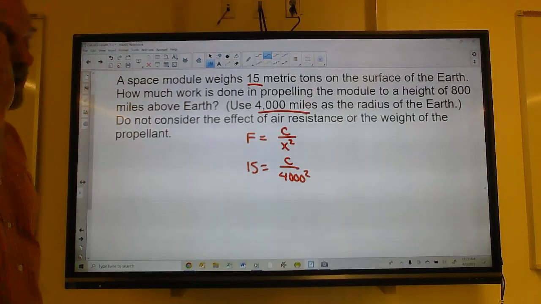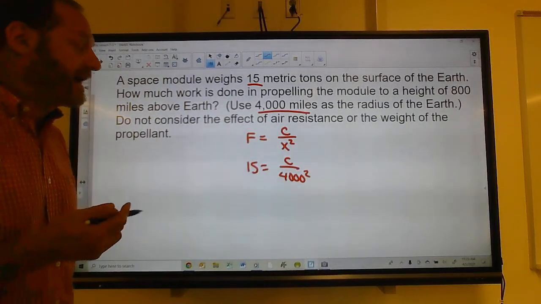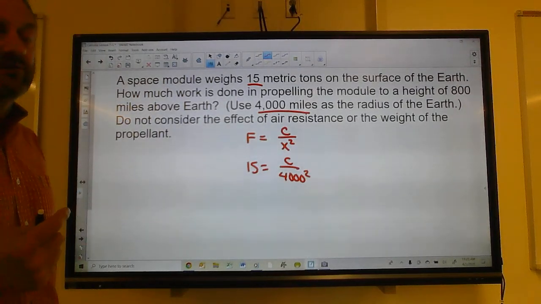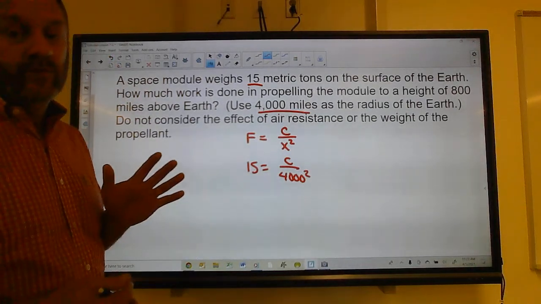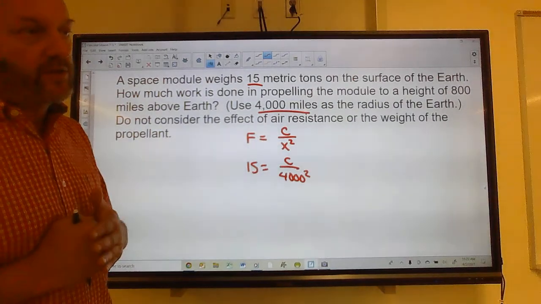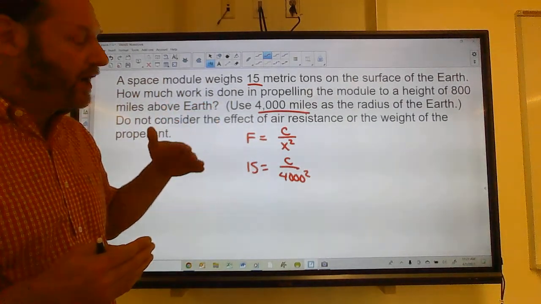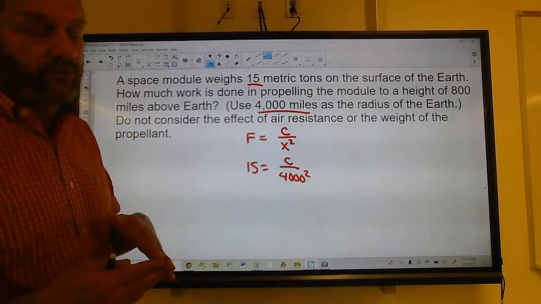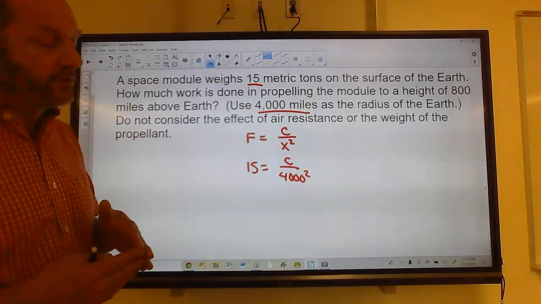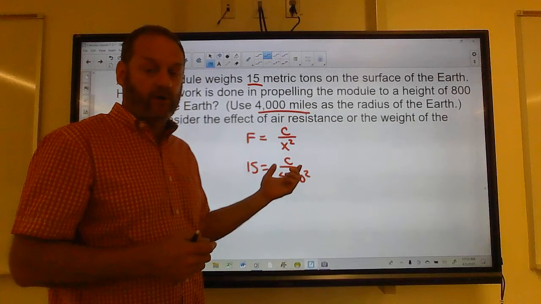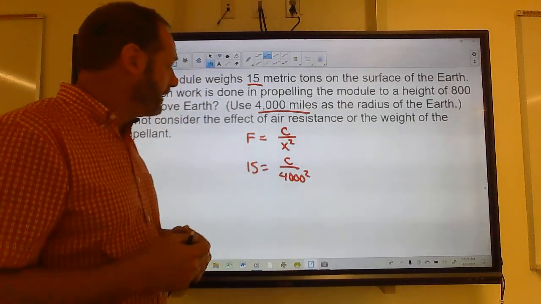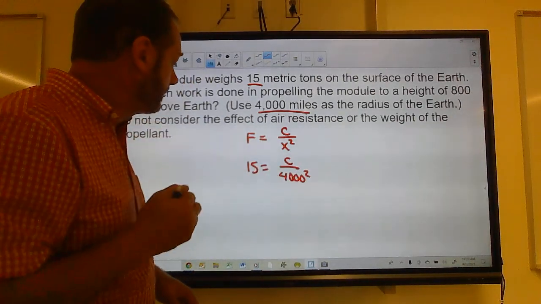So the force of gravity is actually measured from the center of the object that has the gravity. So in this case, the center of the Earth, where something would weigh the most. Then as you move away from it, the inverse square law applies. So if the radius of the Earth is 4,000, I have to have 1 over 4,000 squared to calculate the weight.